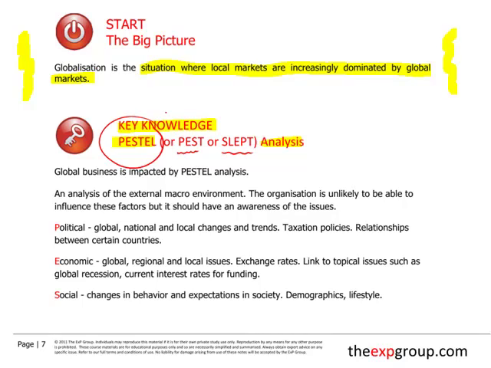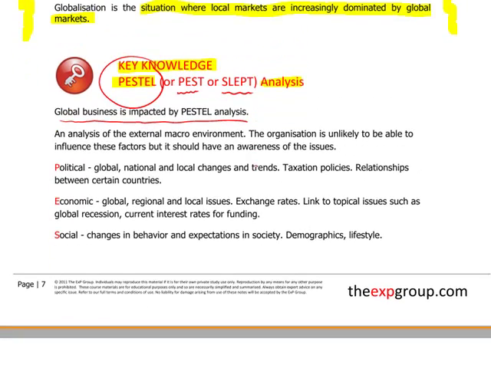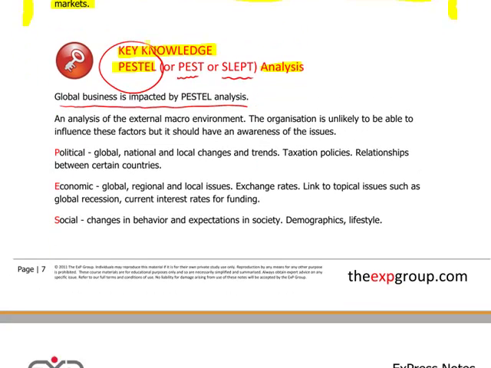Now this theory, we're arguing here that global business is impacted by Pestel Analysis. What is Pestel Analysis? Pestel Analysis is where you look at the external macro environment which surrounds an organization.